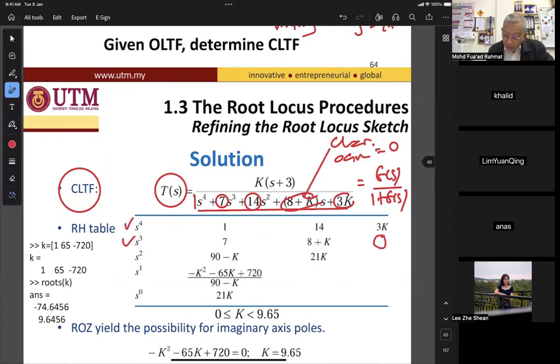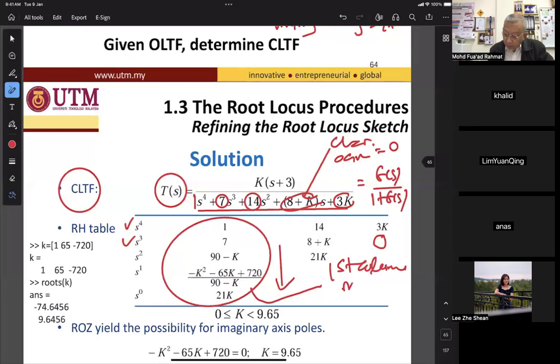Then continue to fill up using the formula shown in the previous slide. The theory says that for Routh-Hurwitz, the first column must be greater than 0 for stability.